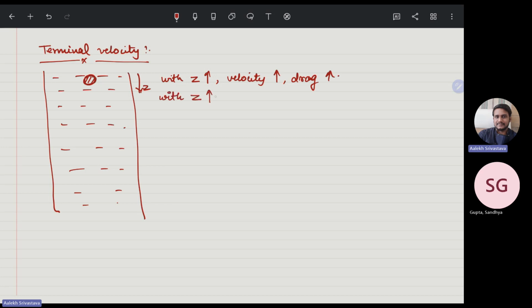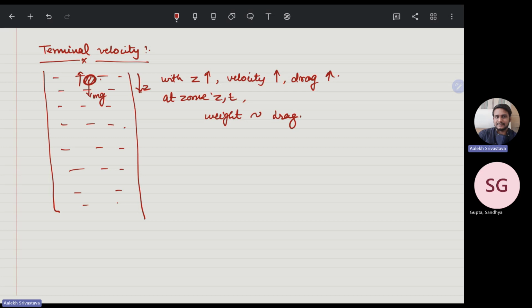With z increasing, the drag will increase, and therefore we have mg here, and this is the drag force. So with time, at some z and t, this mg, or I should write weight, is approximately equal to drag.